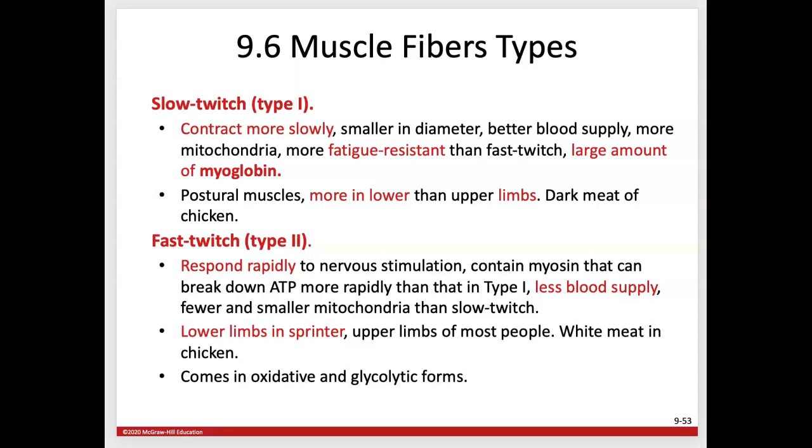They contain more myosin that can break down ATP more rapidly than in type 1. There is less blood supply in these fast twitch type 2 fibers. Examples of where fast twitch type 2 muscle fibers would be located are in the lower limbs of a sprinter, and like I said, in the white meat of chicken.